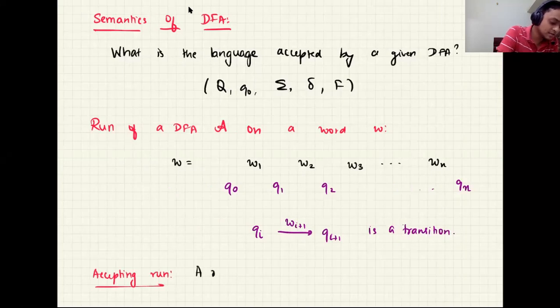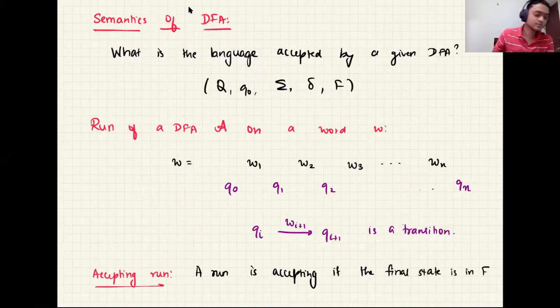A run is accepting if the final state is in F. W1, W2 are individual letters of the alphabet, yes. You're right, W1 is just a letter.